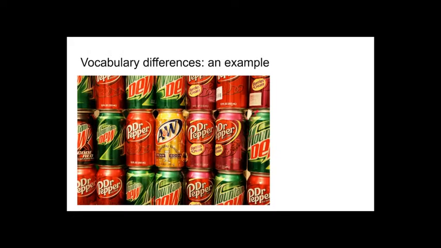Some people call it soda, or soda pop, or pop, or Coke. They use all those words to describe all of these things in cans. Now you might notice that there's no actual Coca-Cola or Pepsi-Cola here, but some people call all kinds of soda Coke. So it's a regional difference.